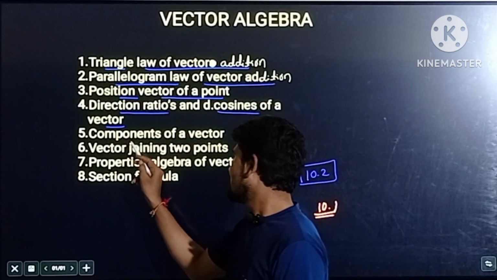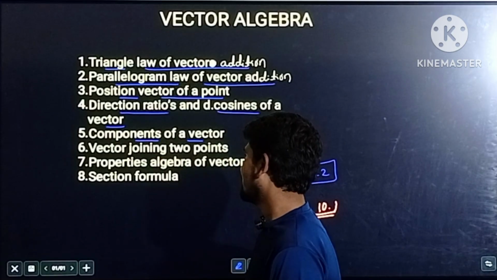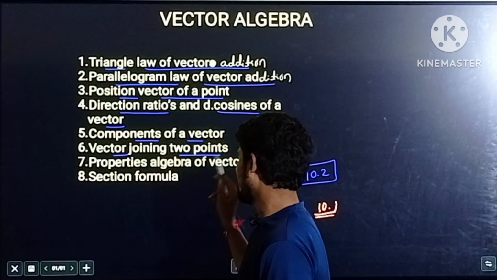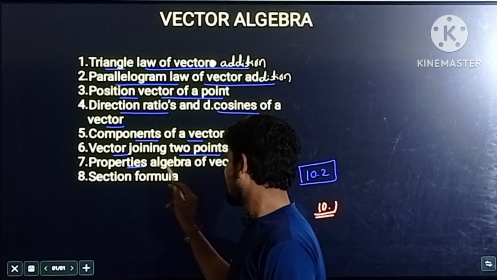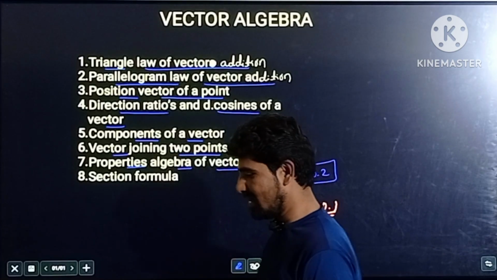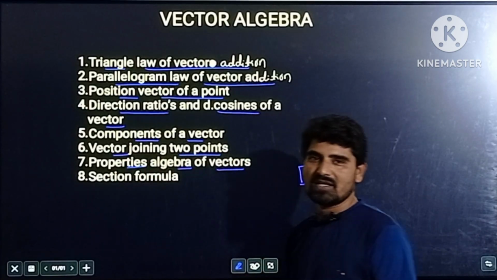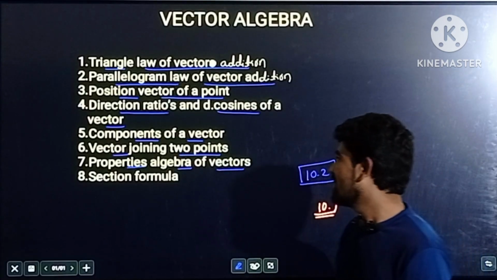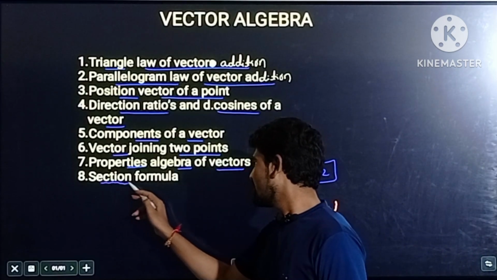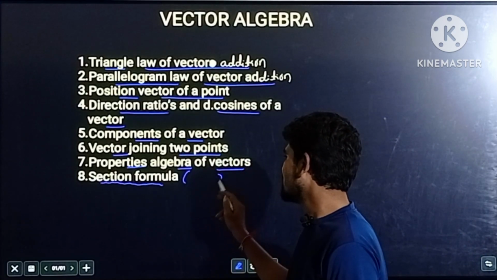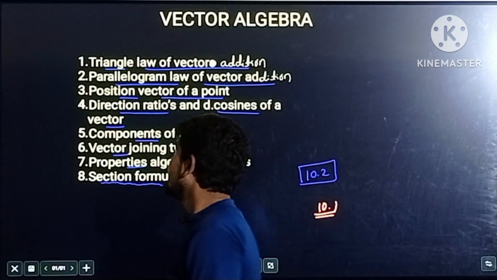The fifth is components of a vector, then vector joining 2 points, and the seventh is properties of algebra of vectors. Algebra of vectors is nothing but addition of vectors, subtraction of vectors, and multiplication of vectors. The last one is the section formula, which is also one of the most important concepts.